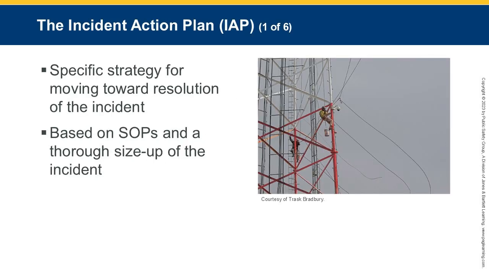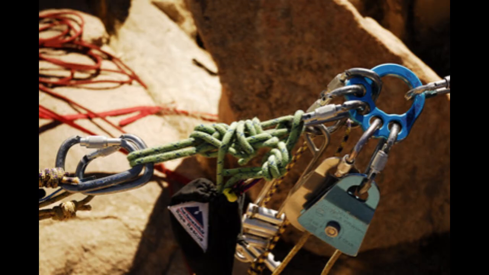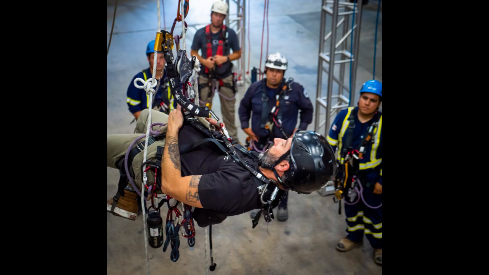Welcome to the heart of operational rope rescue, the Incident Action Plan, or IAP. At the operations level, this isn't just a document. It's the blueprint for success. Every assignment, every rope system, every team movement flows from the IAP. An effective IAP is incident-specific. It's based on your SOPs and a thorough size-up.